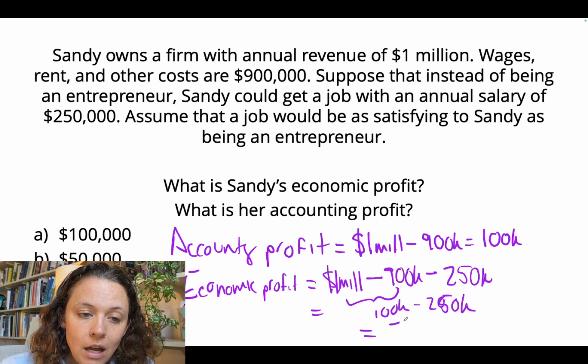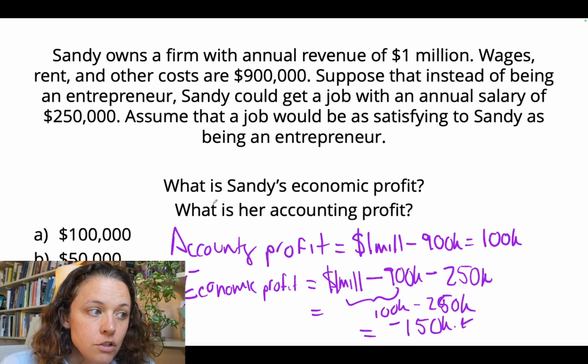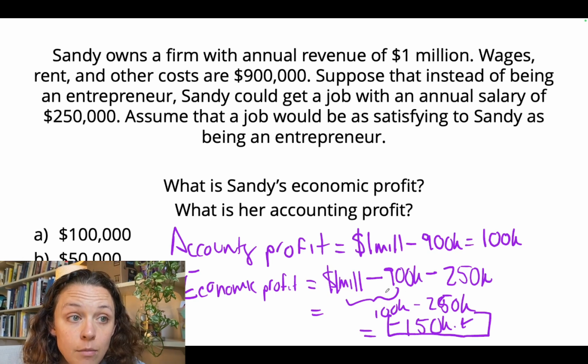This means her economic profit is actually negative $150,000. You can't see it down here, but our answer is going to be negative $150,000. That's her economic profit because her business doesn't cover the salary she would have otherwise earned had she been working in a job instead of running her business.